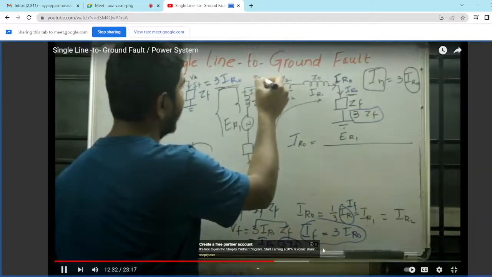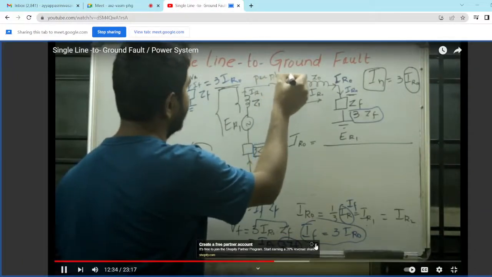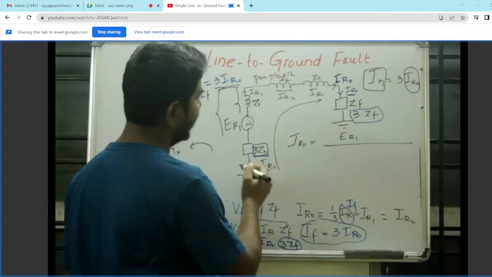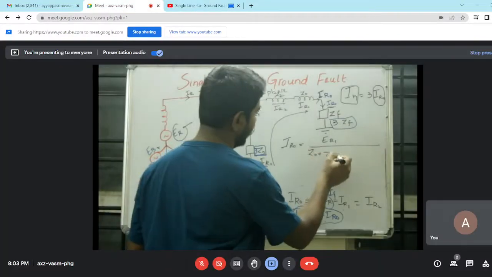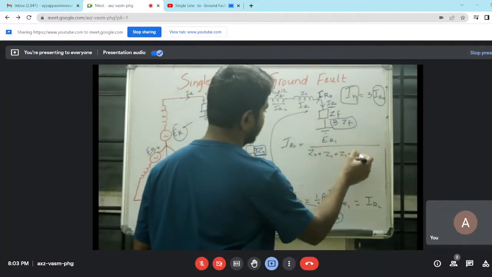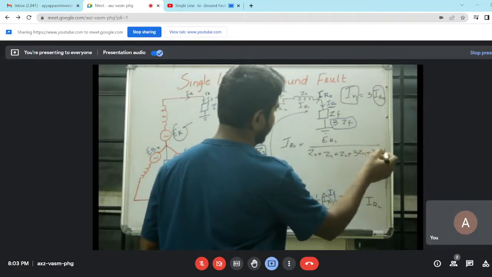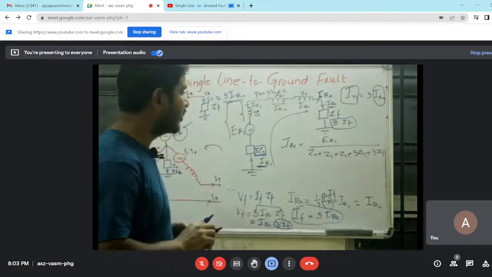This is a per phase diagram, please remember, that means you will have the per unit value only here. So it will be ER1 upon the impedances Z0 plus Z1 plus Z2 plus 3 times Zn plus 3 times Zf.